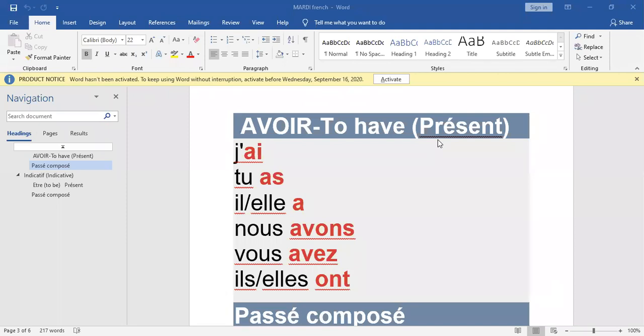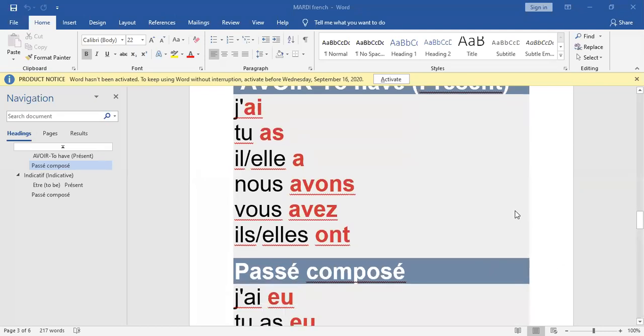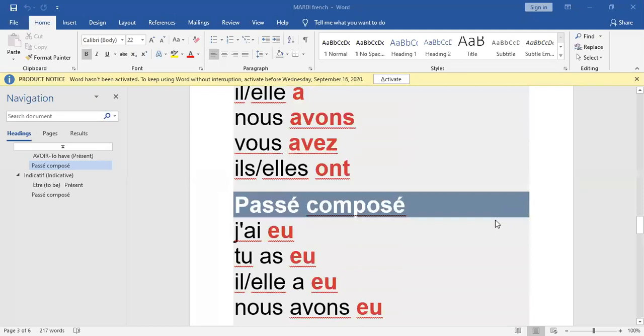Which verb helped that verb to have to go into the past? It is its auxiliary verb, that is what? Avoir, the verb to have. In the present tense, it has helped itself here to go into the past. Passé composé, past tense of the verb to have in French language.